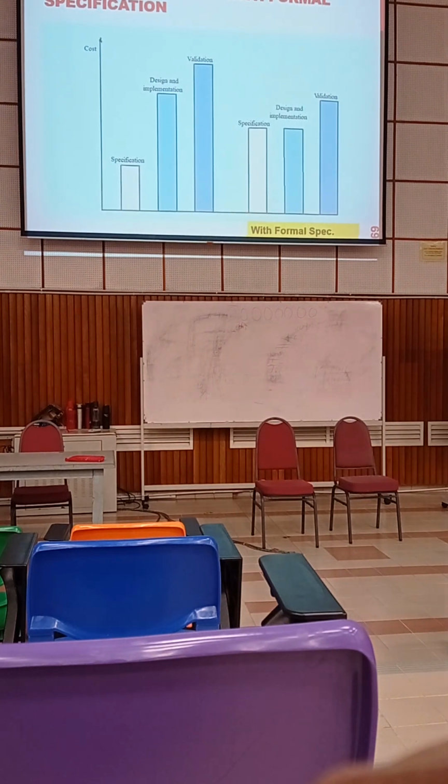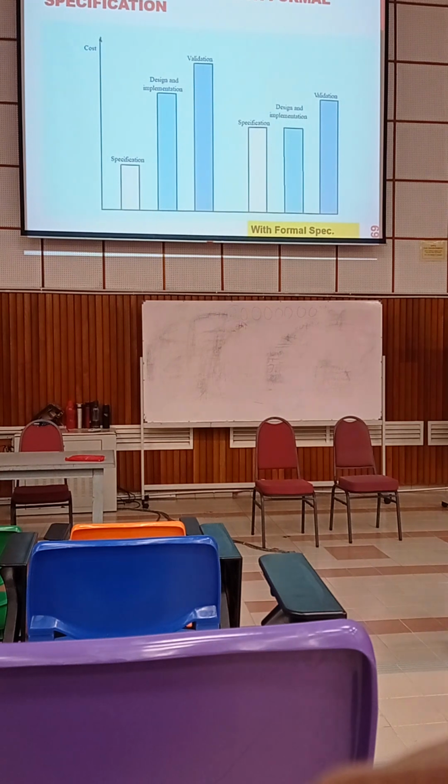You don't have to go back because not many errors are detected. You understand now? So you can reduce the cost during the implementation and testing. Validation is testing. Clear? So that's the reason I say you spend now, then you don't have to spend in future. If you don't want to spend now, then of course you have to spend at the end.